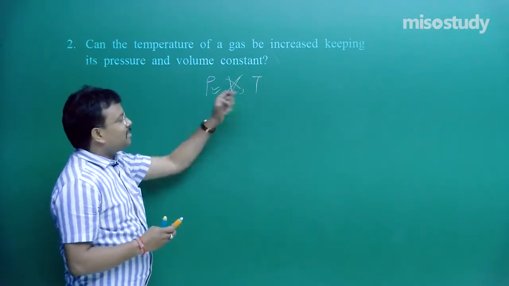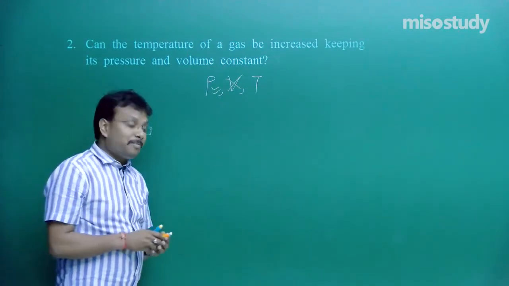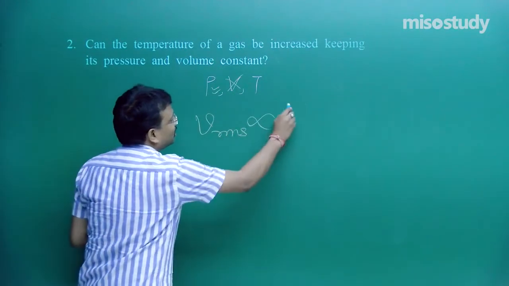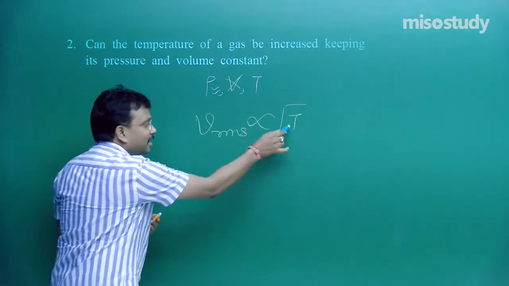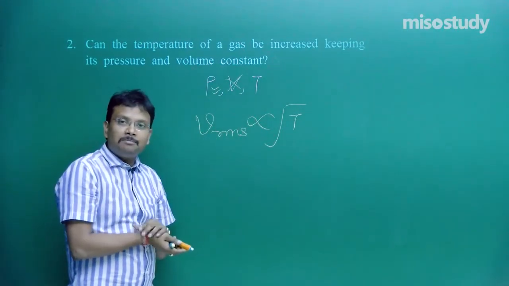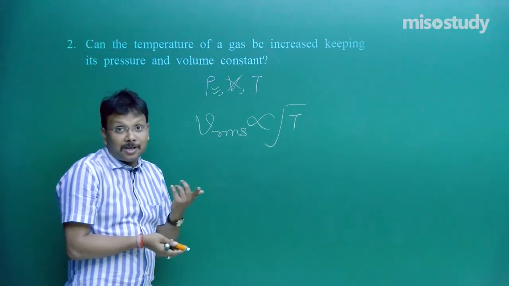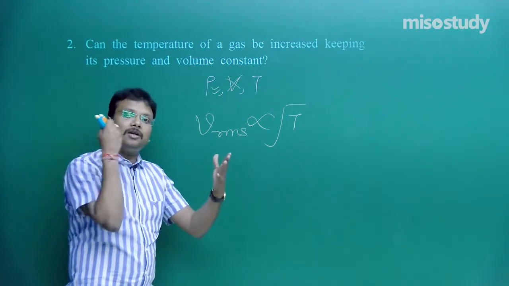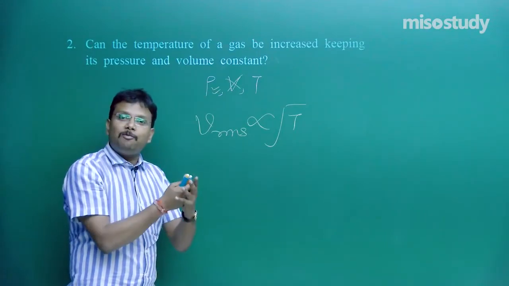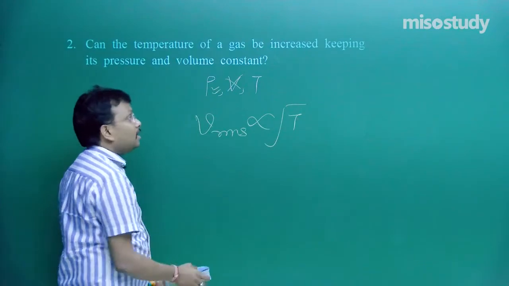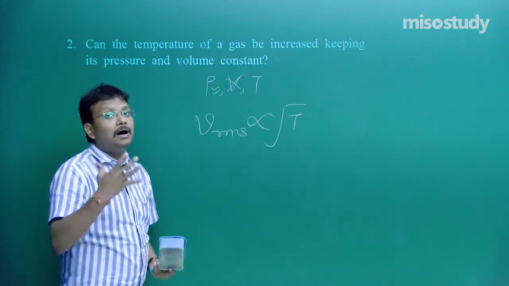So if temperature is increasing, V_rms is increasing, since V_rms is directly proportional to the square root of T. If it increases, recall this momentum: the pressure will enhance. Pressure is what? Hitting the walls of the container, that is pressure. Rate of momentum transfer, simple. So you can start thinking in this manner and then you can really visualize the outcome.